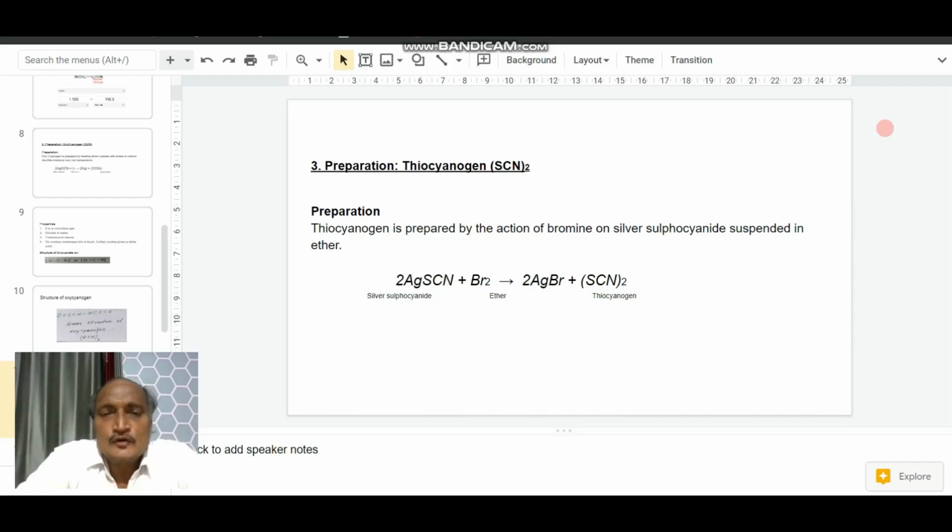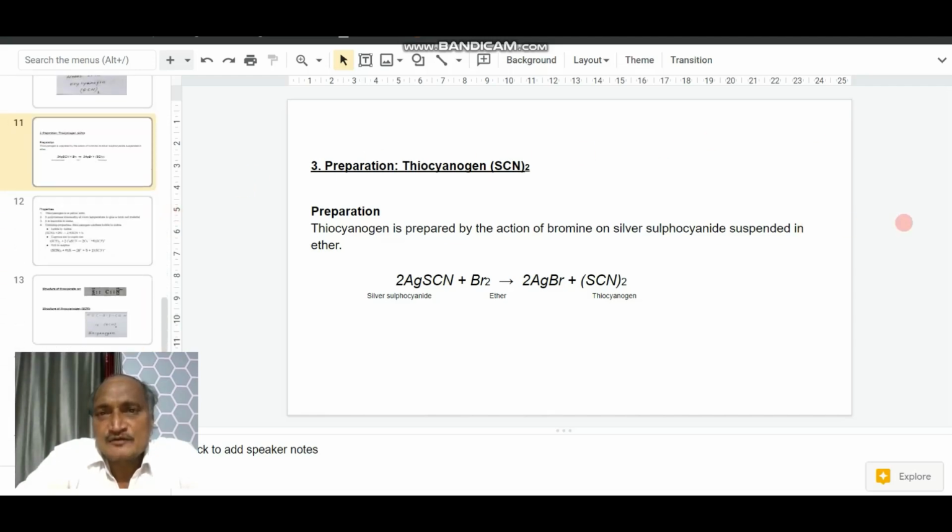That is, 2 moles of silver sulfocyanide in presence of bromine under ether media, we are going to obtain thiocyanogen, that is (SCN)2, with the formation of silver bromide.